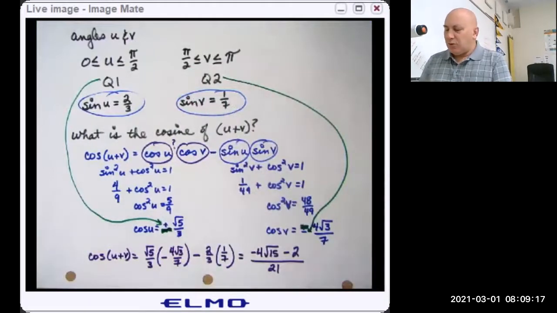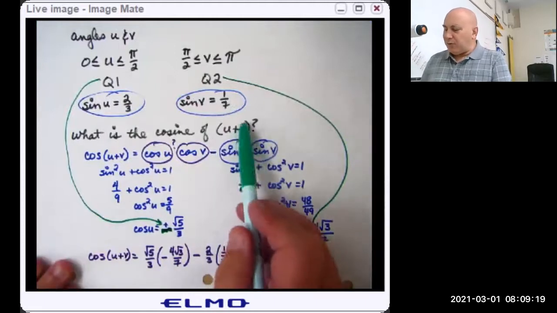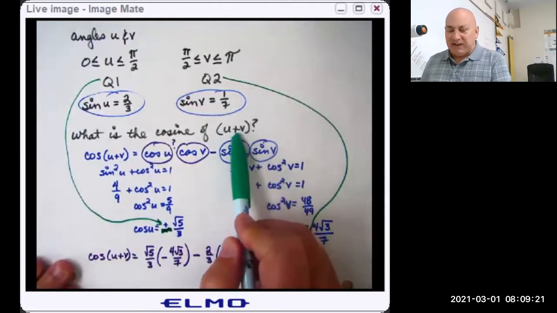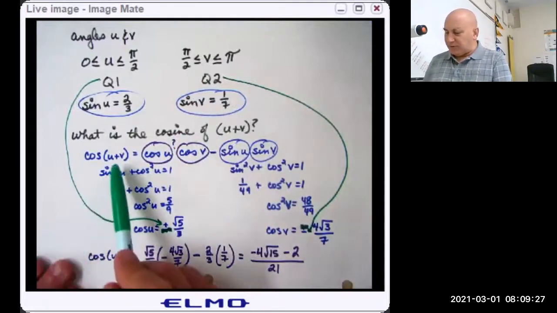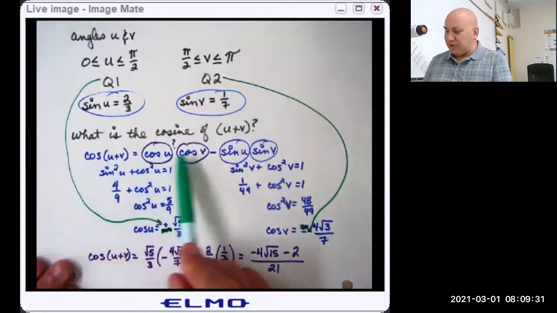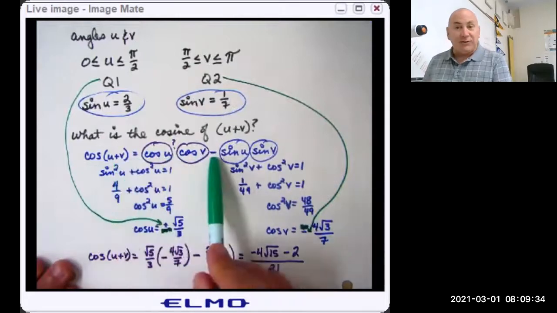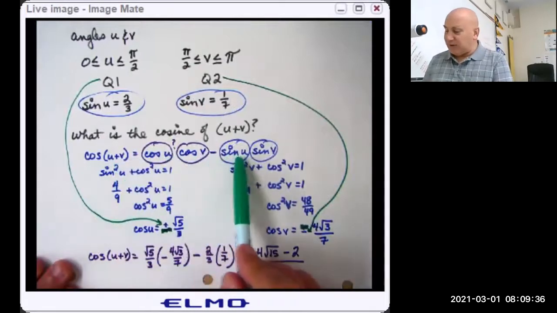So if we were to add angles U and V, what would the cosine of that angle be? Well, here's our formula. Cosine of U plus V is cosine U, cosine V minus, if you look back at your notes, sine U, sine V.